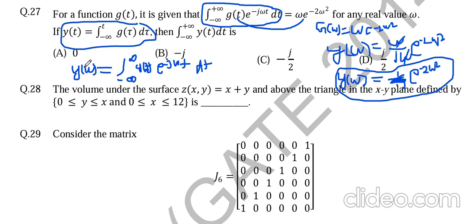If we simply put omega is equal to 0, then this term will become 1. So Y(omega) is equal to Y(0), putting omega is equal to 0.